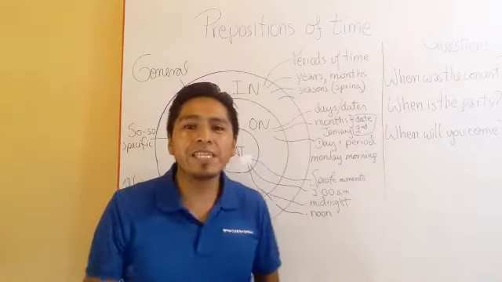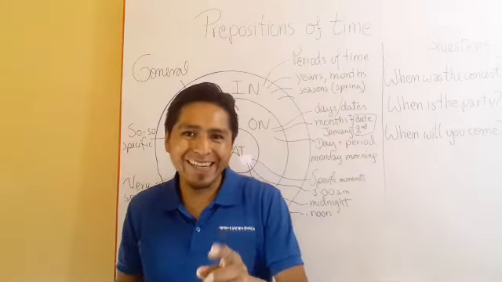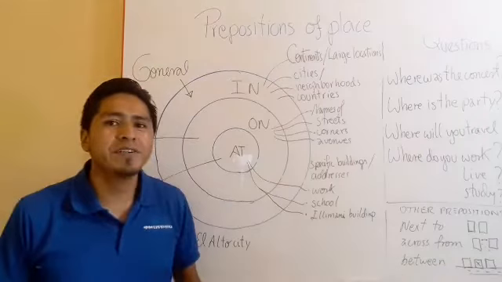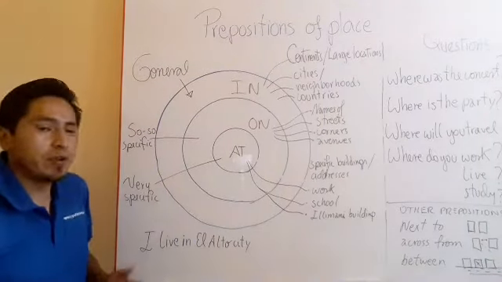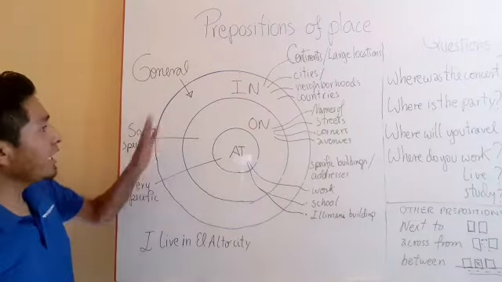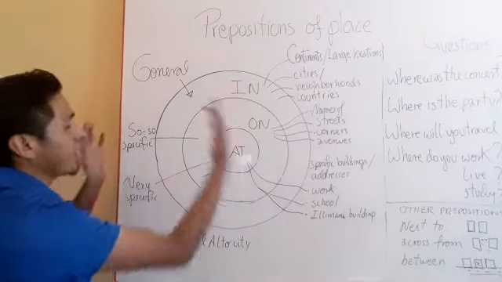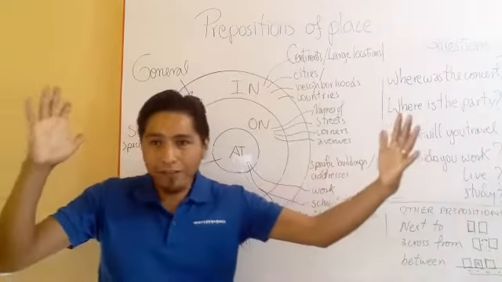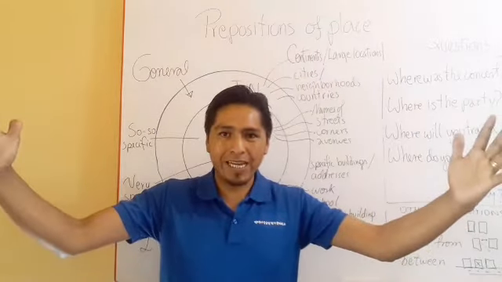Now, let's continue, please, working with prepositions of place. Now it's time to work on prepositions of place. The same as before, in represents the general. In, very big. Would you please do your hands like this? Big, big.